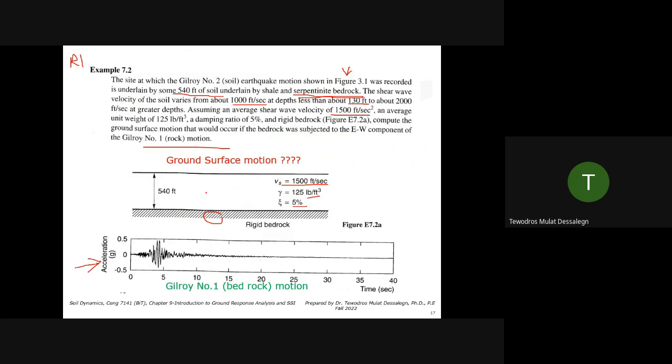If we know the transfer function, TF, it represents the entire soil in a simplified equation. All the soil properties, if you put them in the transfer function, then it represents the soil. So if you have a bedrock motion, multiply it with the transfer function, then you will get it at the ground surface. Simple, right?